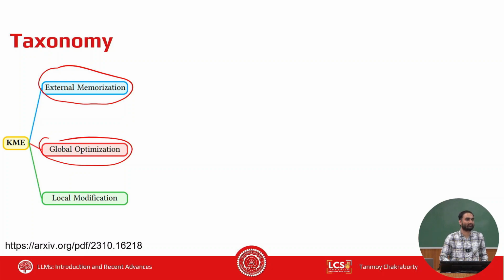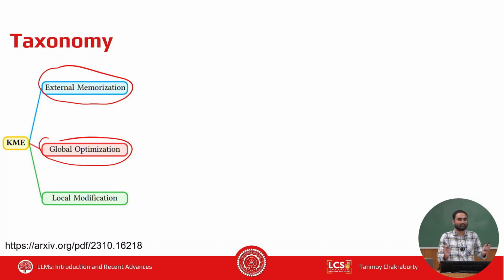The third approach is more sophisticated. In global optimization, you update the entire memory space of a large language model. In local modification, you pinpoint the neuron which is responsible for this knowledge, and you only update that neuron. This is a localized view of knowledge editing.